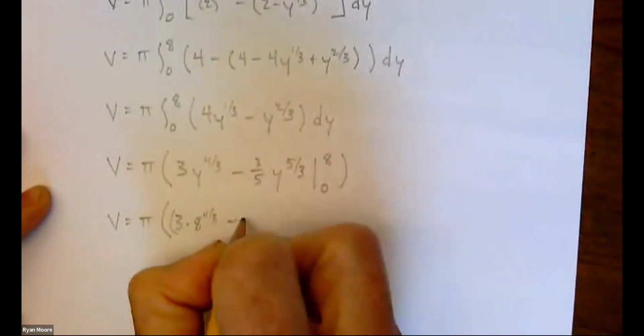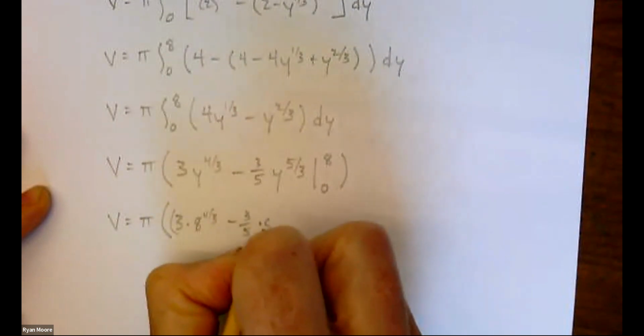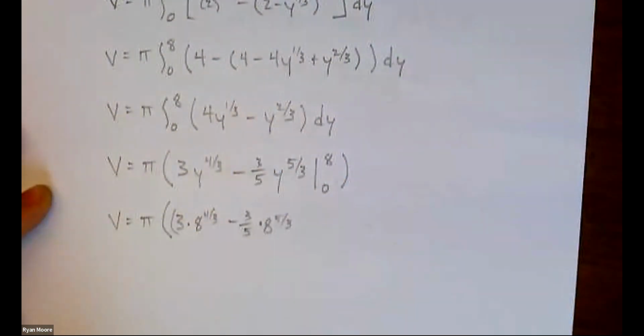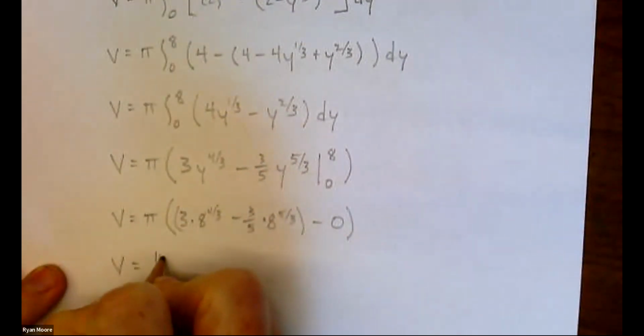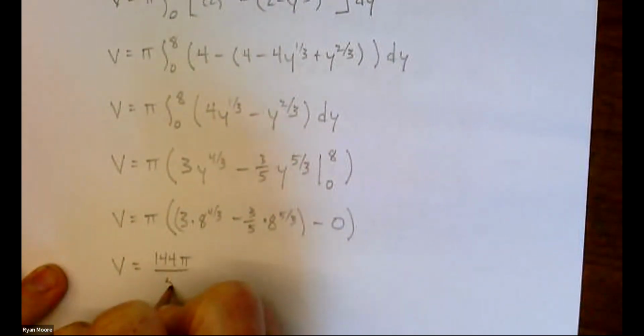I think that's all going to come out nicely. 5/3. Plugging in 0 is 0. Okay. Let's get our final answer. 3 times 8 to the 4/3 minus 3/5 times 8 to the 5/3 is 144 over 5, 144 pi over 5.